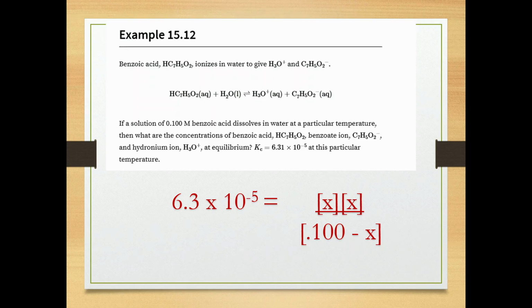Well, the fact that the K value is 6.3 times 10 to the minus 5 indicates I'm not making a lot of product. So I'm going to make the assumption that the amount of product I make is so small in comparison to the 0.1 that the concentration of the benzoic acid doesn't actually change.